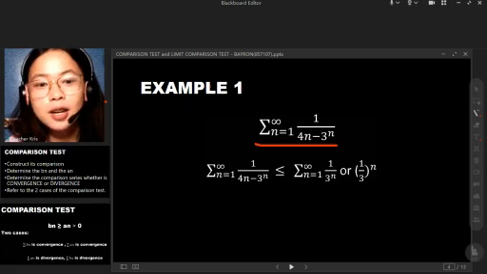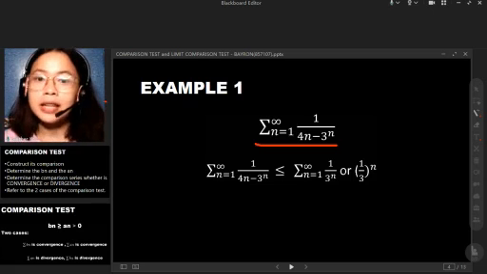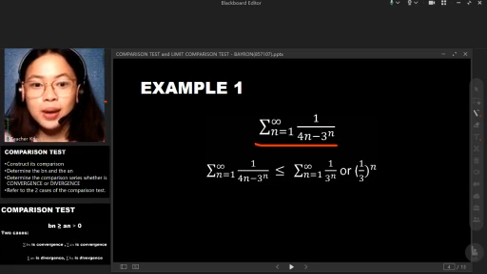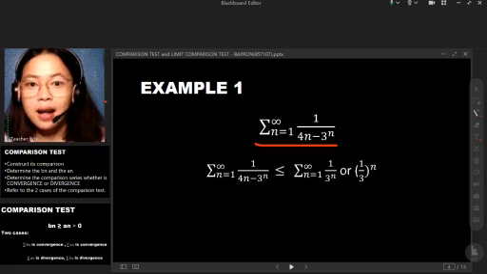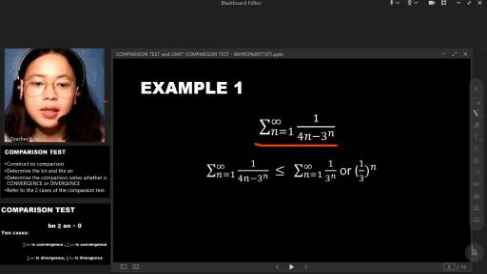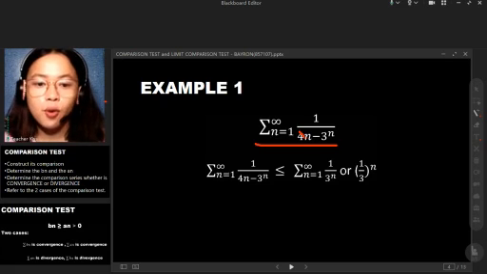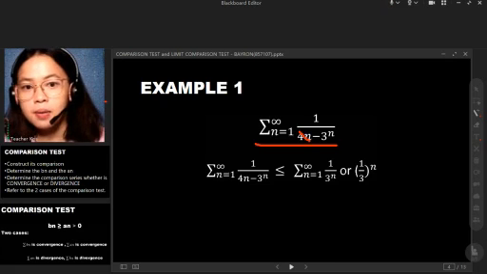So first, we're going to construct its comparison. In constructing its comparison, we are just going to cancel the bigger value. So in here, the biggest value was 4 to the power of n. So the remaining numbers will be its comparison.